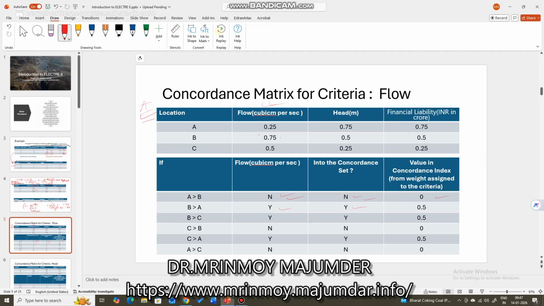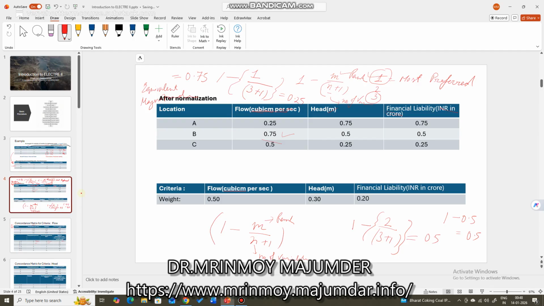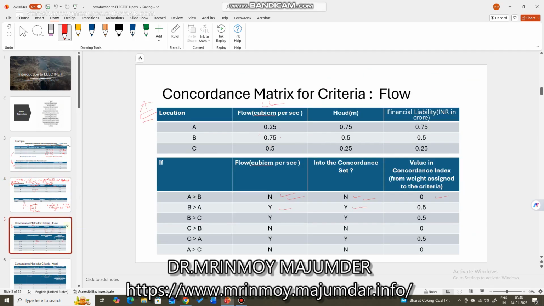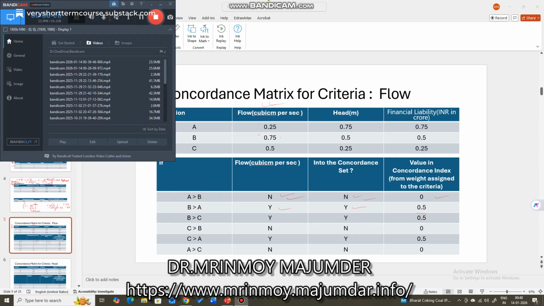So what is the weightage of the criterion flow? You see, it is 0.5. So that is why I have written here 0.5. Is it clear? Okay.